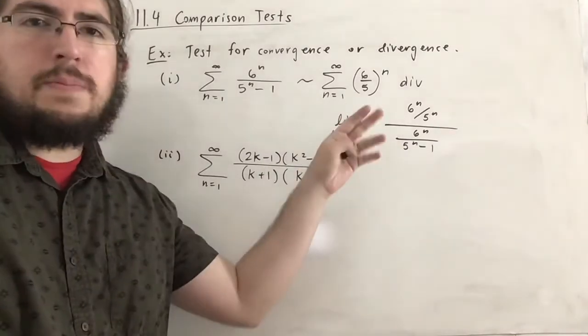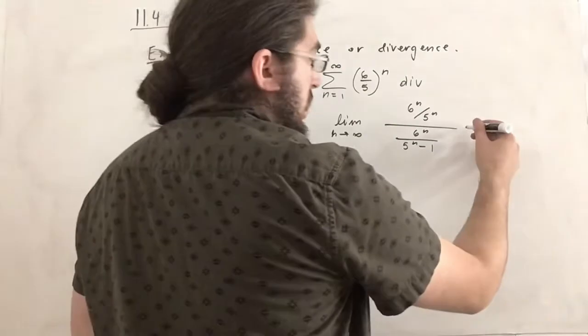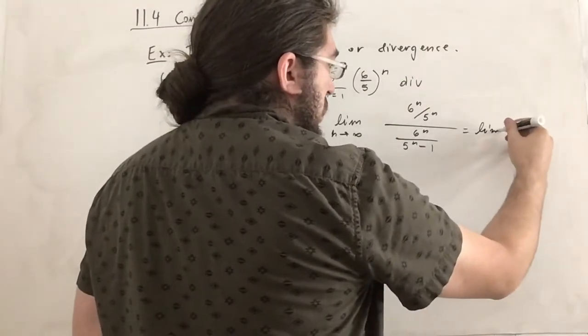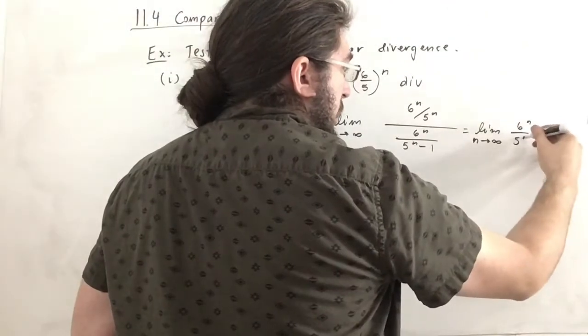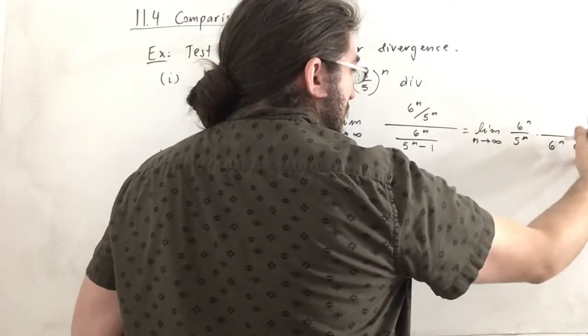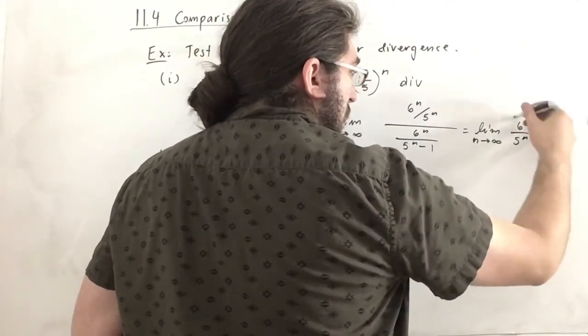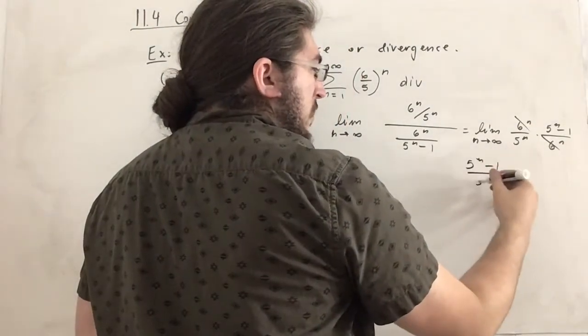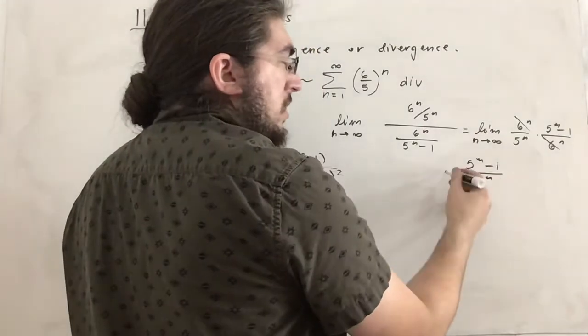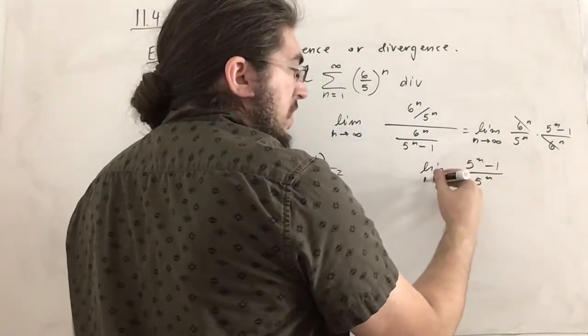I'm going to multiply top by the reciprocal of the bottom. So this is the same as the limit as n goes to infinity of the top times the reciprocal of the bottom. So the 6 to the n's will just outright cancel. And we get this, and 5 to the n minus 1 over 5 to the n is actually, well, you can split that fraction up.